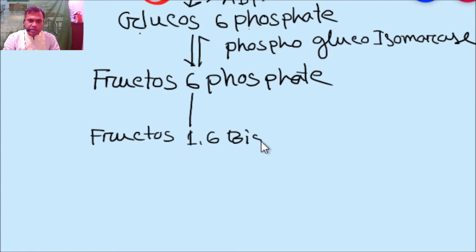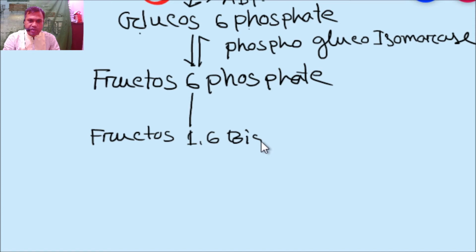This reaction is a reversible reaction and the enzyme name is aldolase. That means bisphosphofructoaldolase: side chain, main body and main enzyme name. We can also write the name of this aldolase enzyme as bisphosphofructoaldolase.